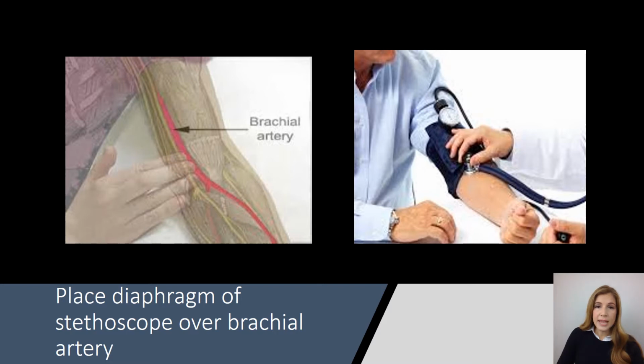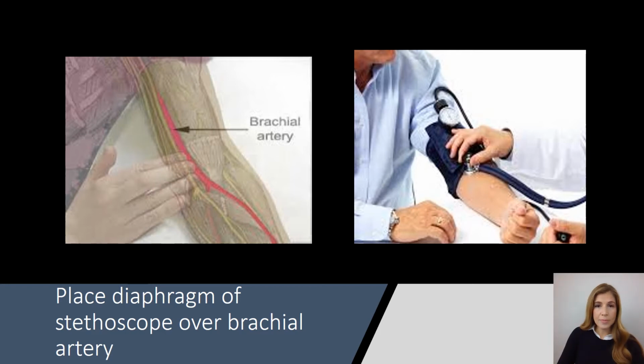So you will then place the diaphragm of the stethoscope over the brachial artery, and the brachial artery is found about 2 to 3 inches above the antecubital space or the elbow crease, and it's always found on the inner aspect of your arm or on the pinky side of your arm.